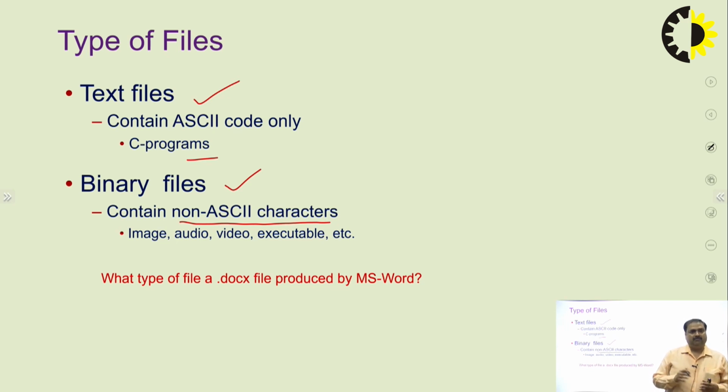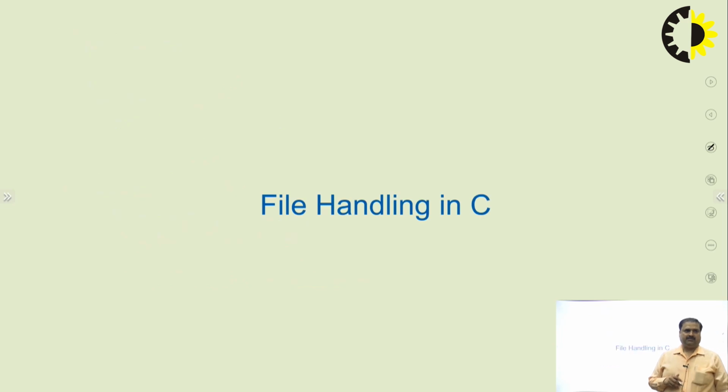If we convert it into a different format, then the actual content will be distorted. Such files can be an image file, audio file, video file, or some executable code, which is also in the form of machine code or 0s and 1s. So such files will be manipulated as binary files.